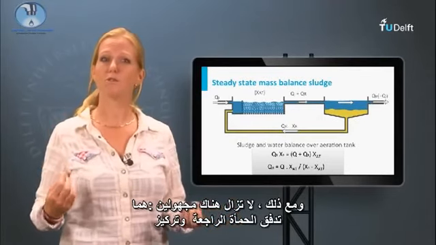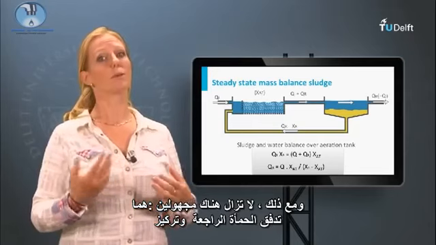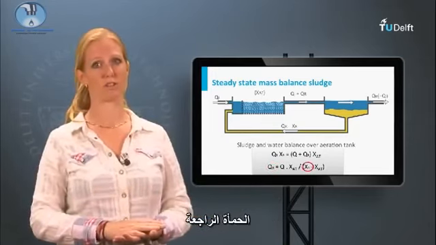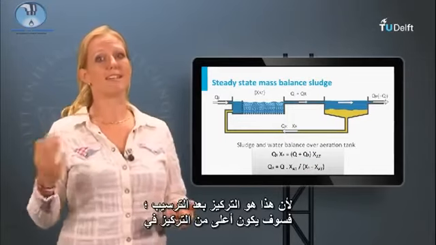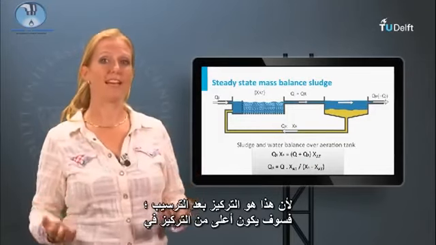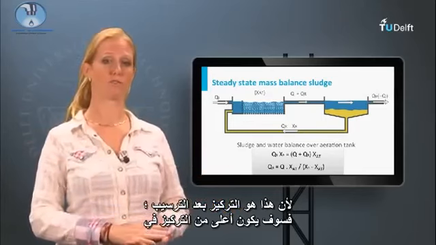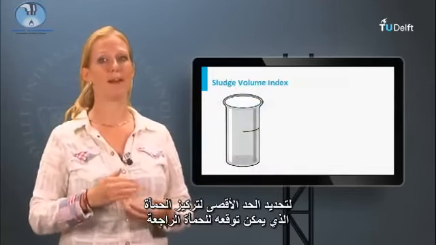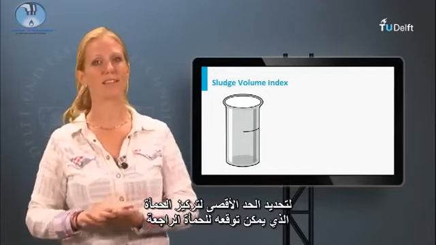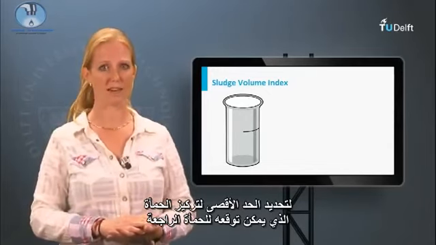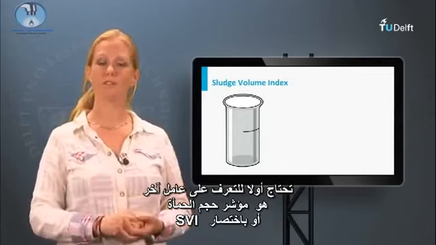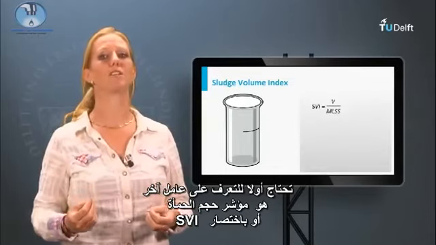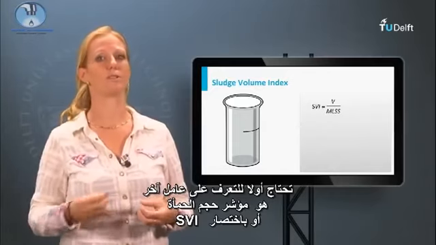However, there are still two unknowns: the return sludge flow and the concentration of the return sludge. Because this is the concentration after settling, it will be higher than the concentration in the aeration tank. To determine the maximum sludge concentration that can be expected in the sludge recycle, you first need to be introduced to another parameter, the sludge volume index, or SVI in short.